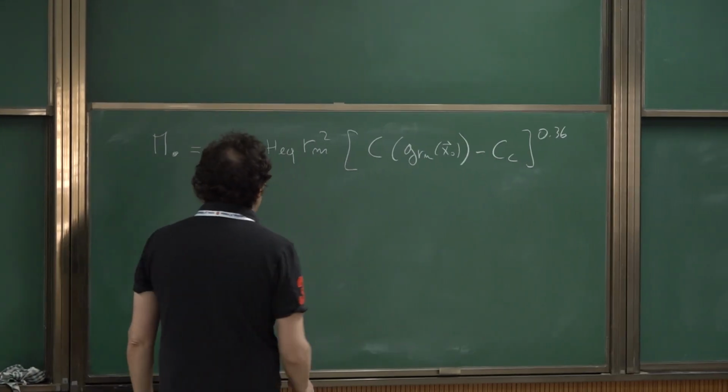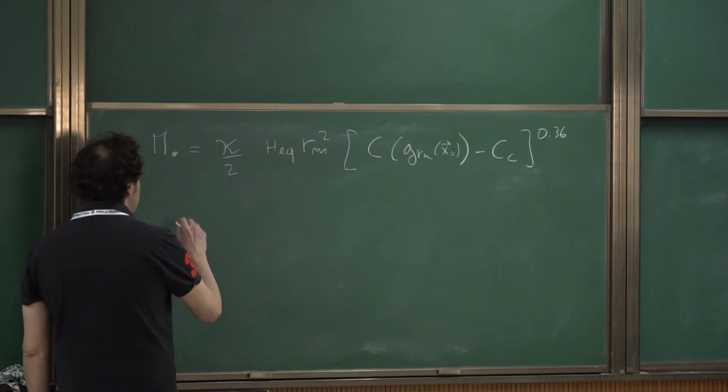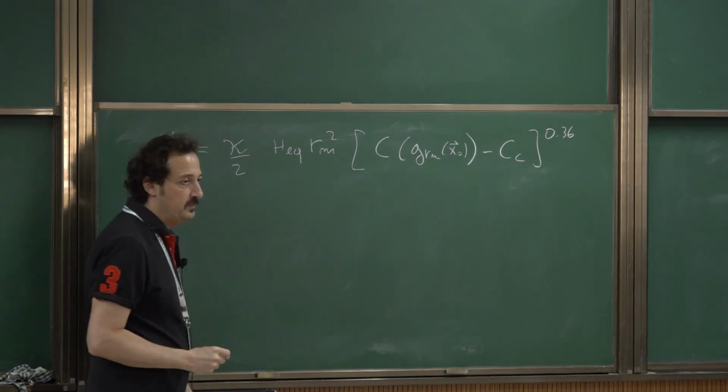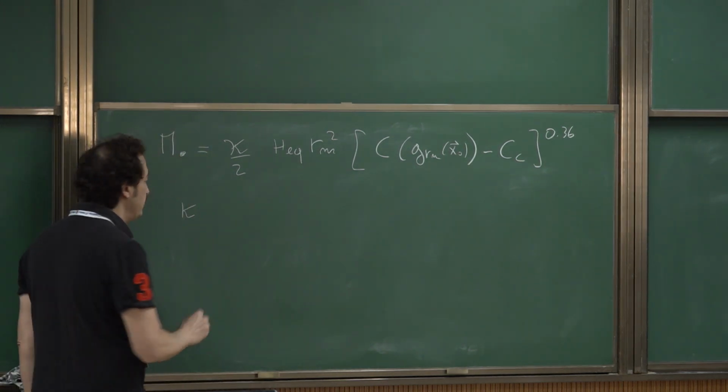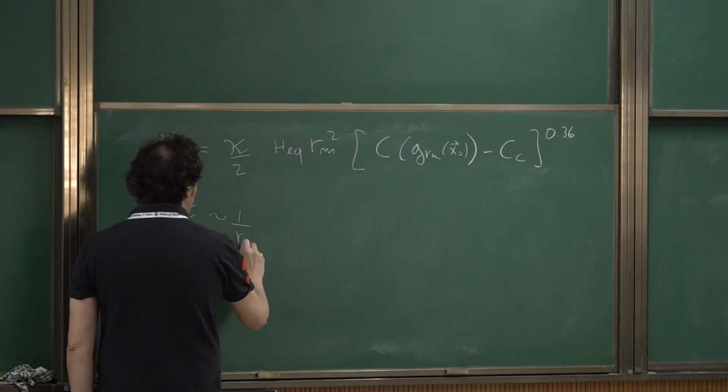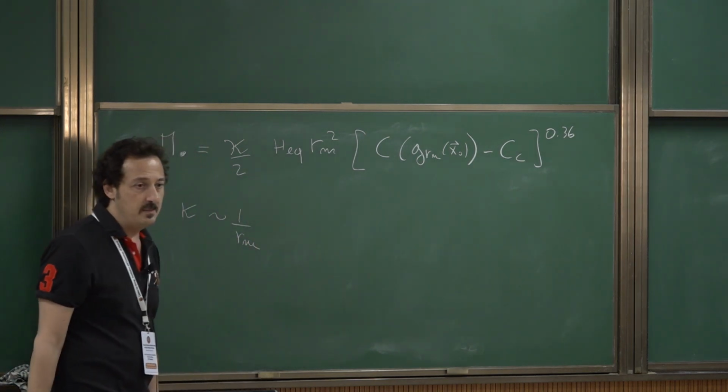Interestingly, let's suppose I associate, even if I should not really do that, a wavelength, a wave number, to the inverse of the maximal radius.